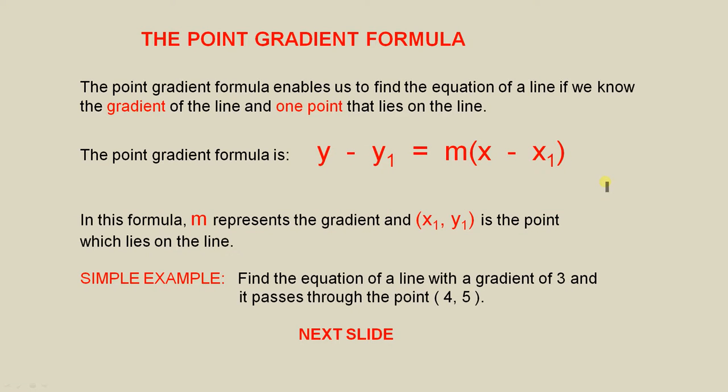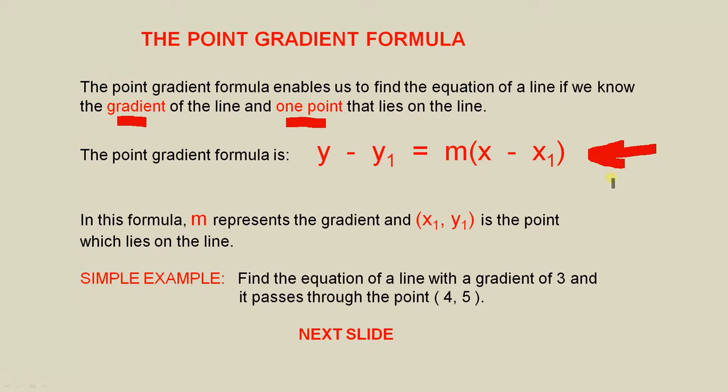The point gradient formula. The point gradient formula enables us to find the equation of a line if we know the gradient of the line and one point that lies on the line. The point gradient formula is y minus y1 equals m outside of x minus x1.